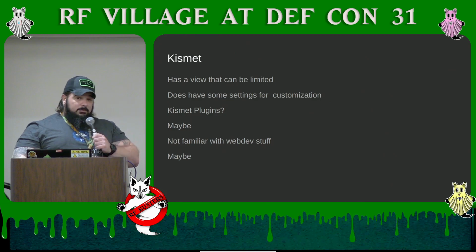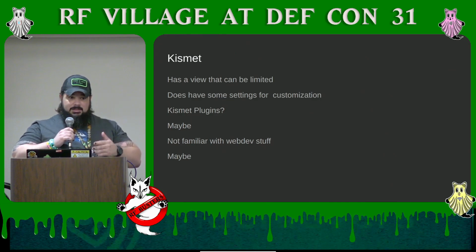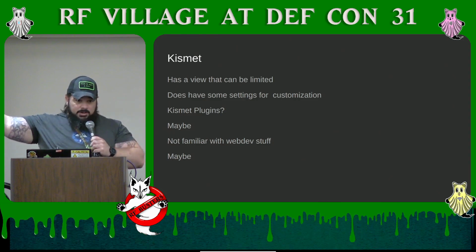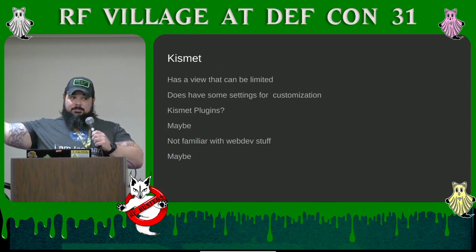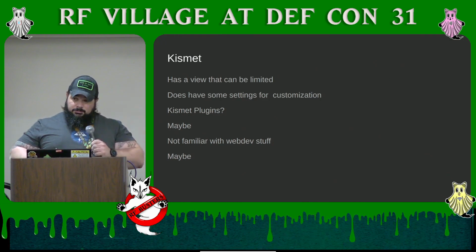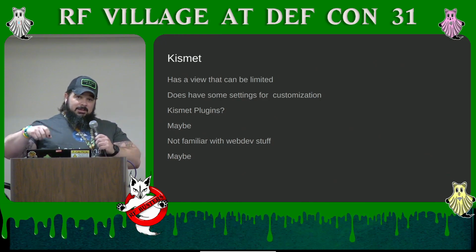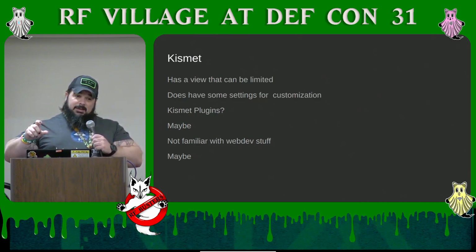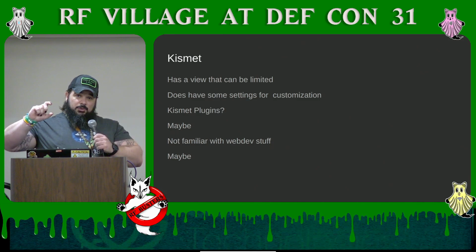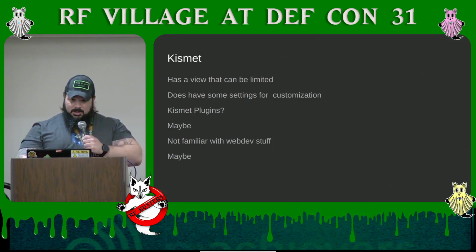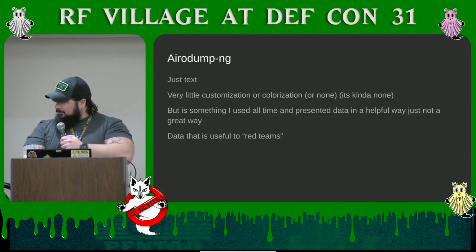Kismet. It is a wireless tool that exists. It is open source, free, and available to everybody right now. People are using it over on the other side of the room to collect all the PCAPs and all the packets right now. It has a basic view, but again, it's showing you everything. Kismet does have the ability to create customization, but I was not ready to be a web developer, so I didn't do that.